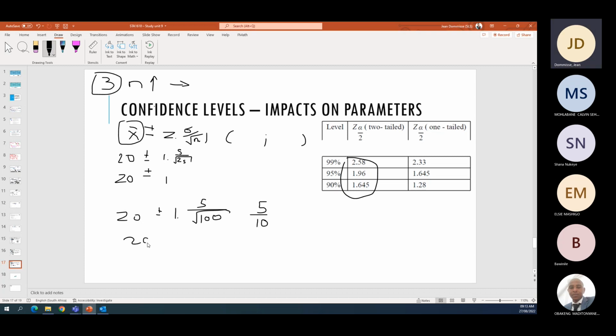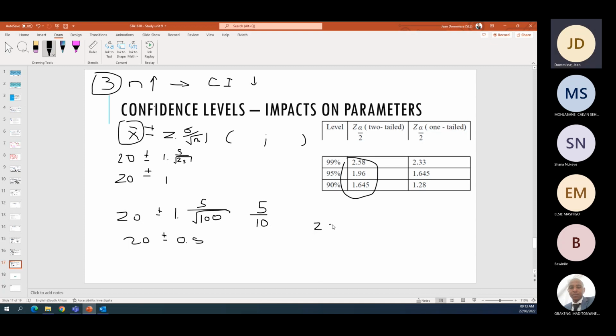So now you can see that your confidence interval will become smaller. Okay, so when n increases, confidence interval becomes smaller. So basically, we have two scenarios.